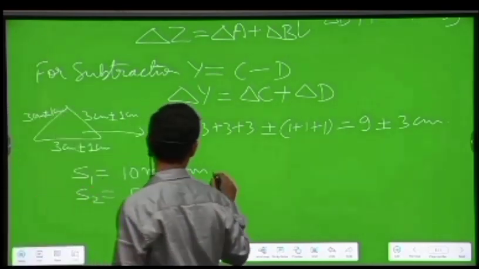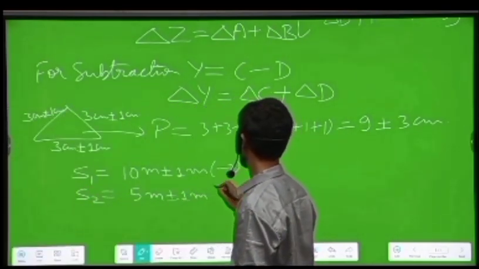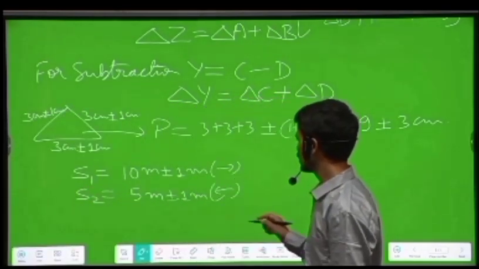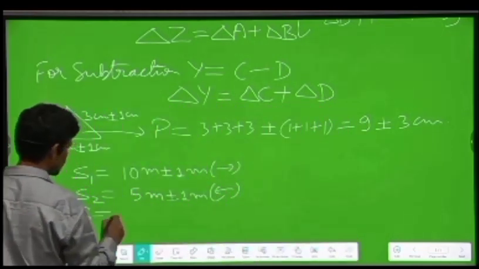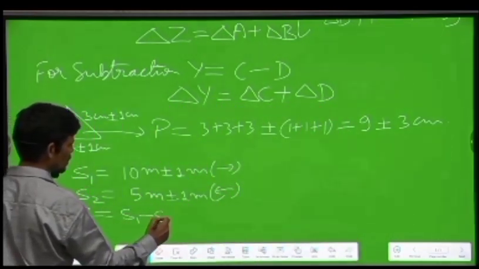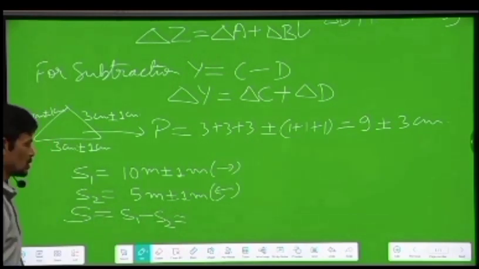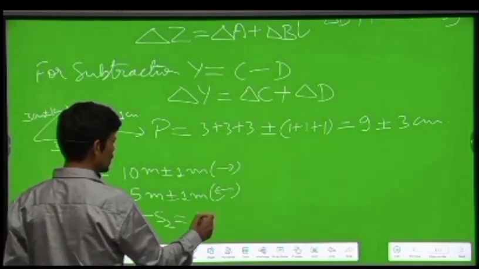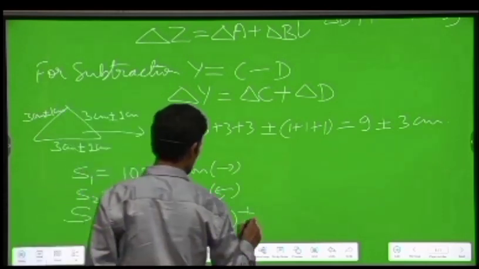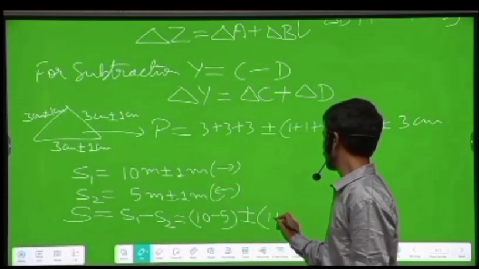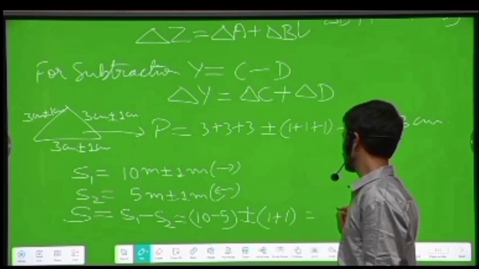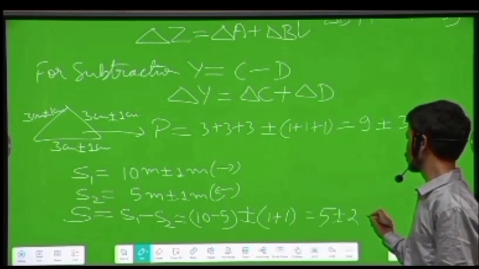So if it is toward right and it is toward left, then their resultant displacement will be S1 minus S2. If we have chosen the direction of S1 as positive, then it will be 10 minus 5. There's no issue with this, but the error limit will be added only. So that will give us 5 plus minus 2 meter.